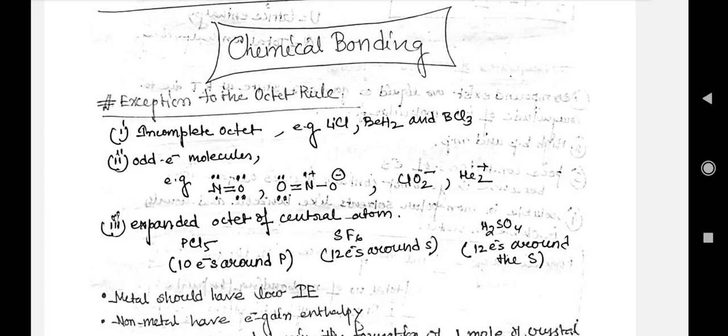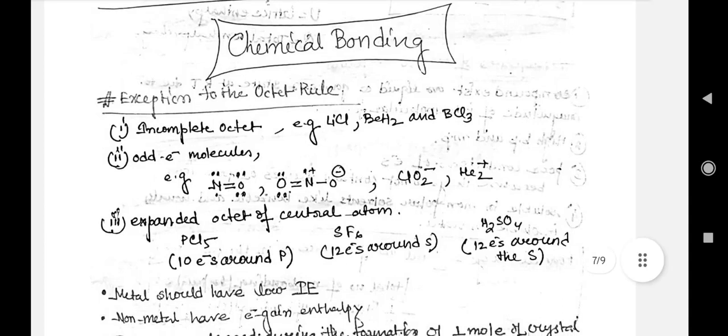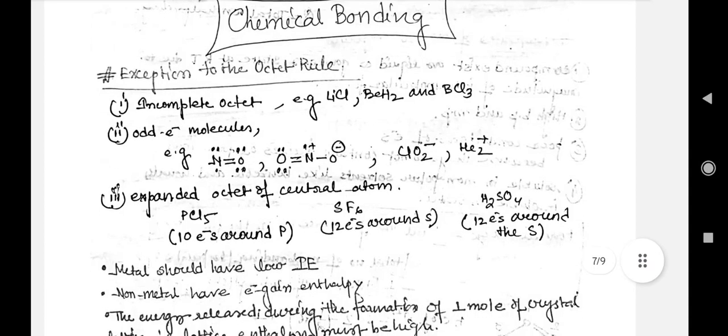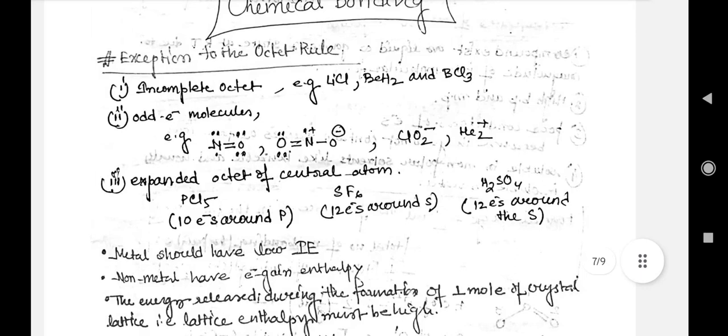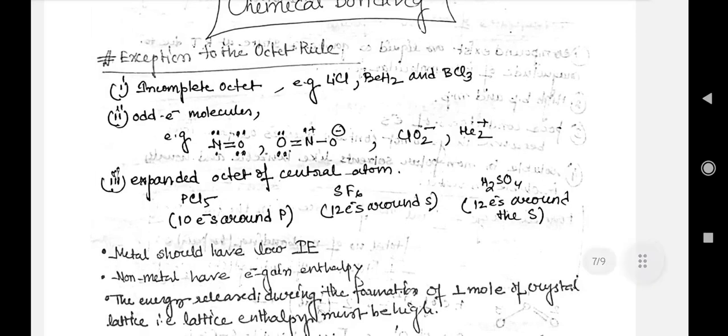Due to this, ionic compounds form, covalent bonds form, and all of chemistry develops. But there are some exceptions. For example, incomplete octet: lithium chloride, BeH2 and BCl3. In all of these cases, less than an octet can be seen.